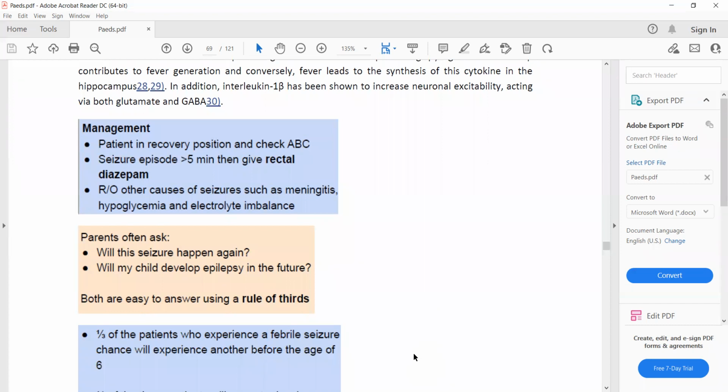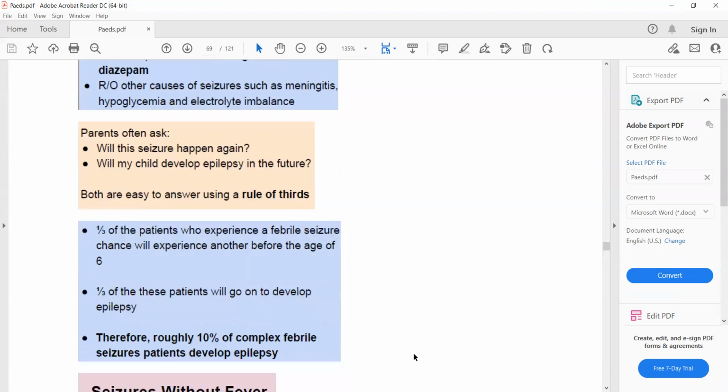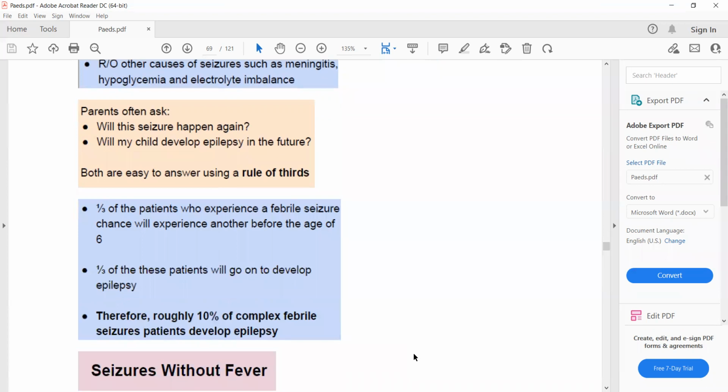And in the question, they will often mention that parents are worried if their child will get this type of seizure again, or will my child develop epilepsy in the future? So these are the common questions which parents often ask. So both are very easy to answer.